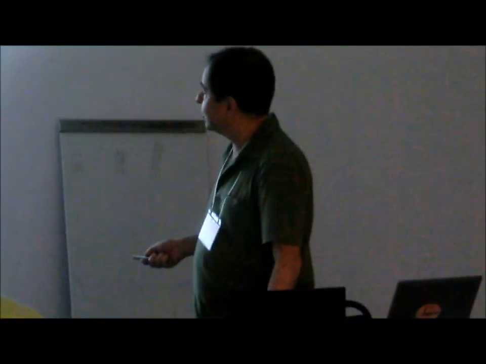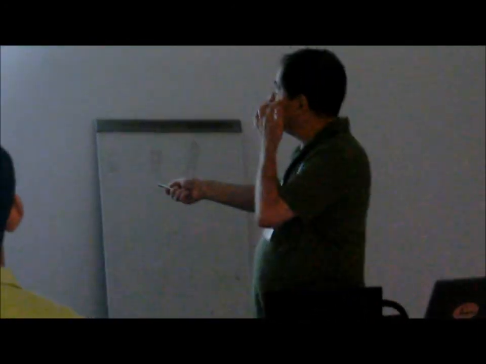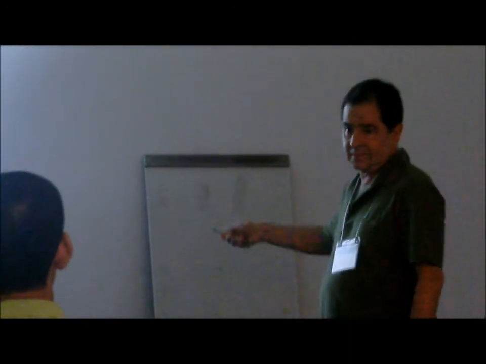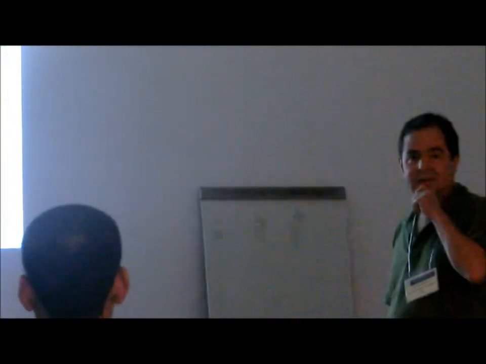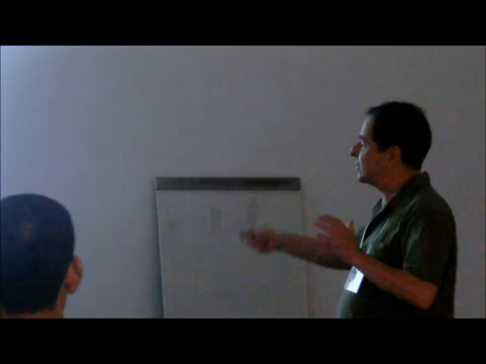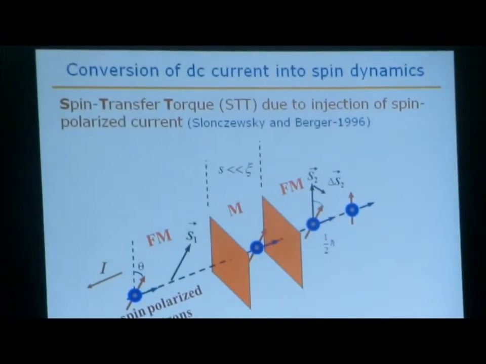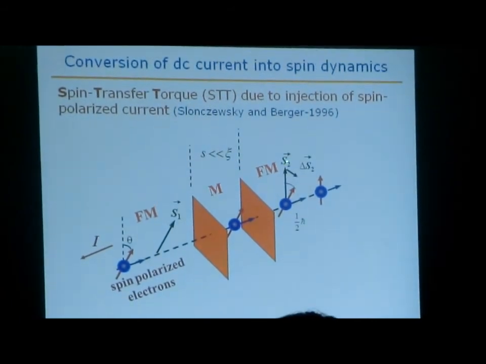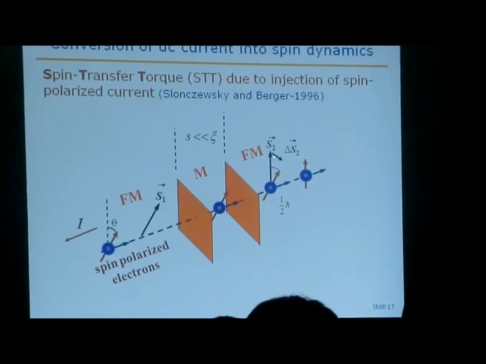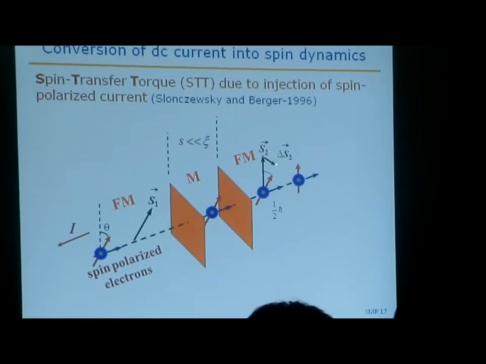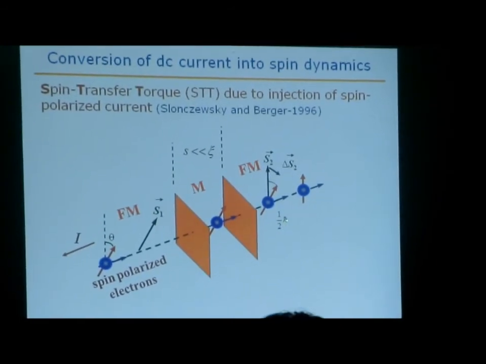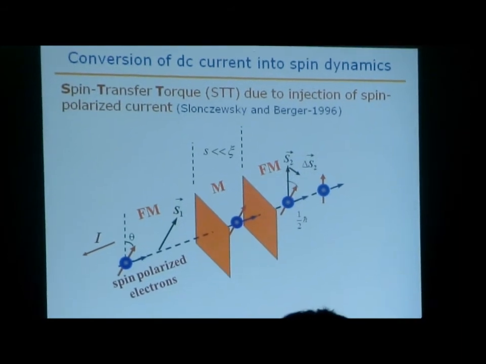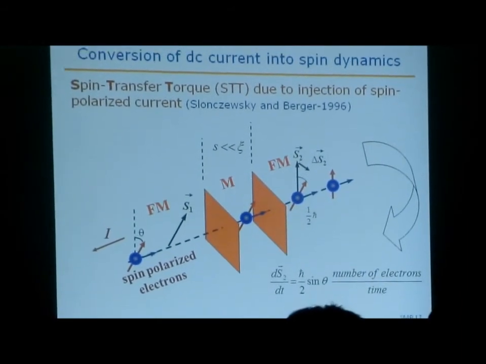So electrons will go through, and when they reach this other layer, one electron has to go out for charge cancellation, but the effect of the spin is that there will be a change in the spin, delta S2, which is 1/2 of the electron angular momentum. And if we have a certain number of electrons of the spin line.